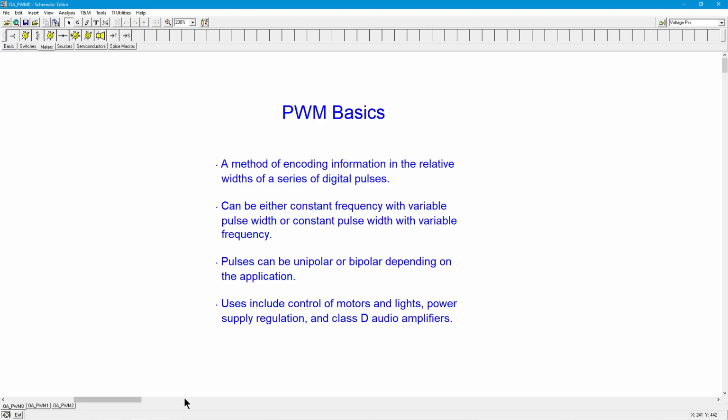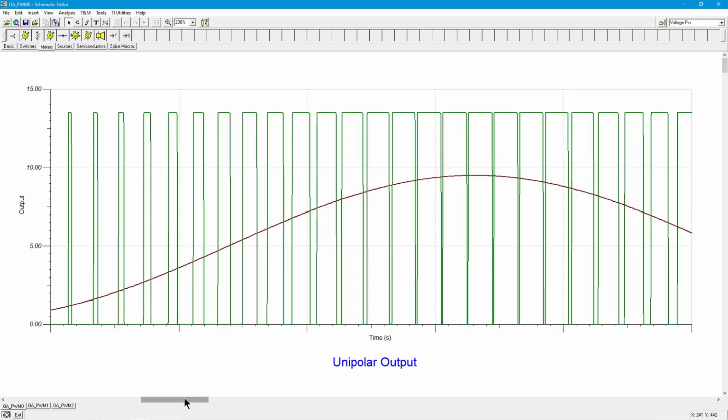So first, let's take a look at some wave shapes. So this would be a typical unipolar output. So this sort of maroon wave here, this nice big curve, this would be the intelligence signal that we're trying to encode. And then the green over here would be the pulse width modulated output.